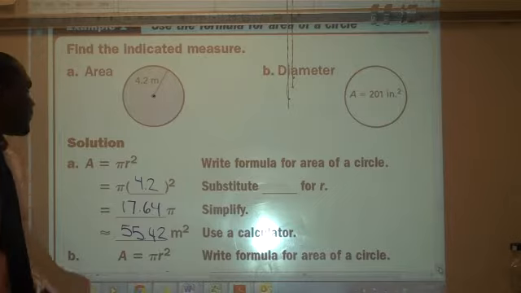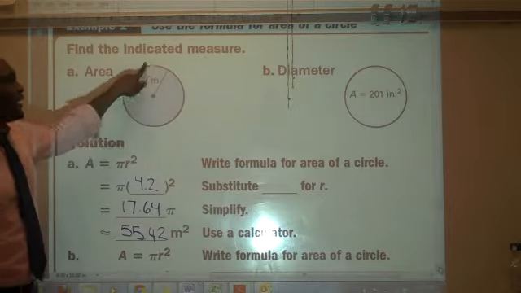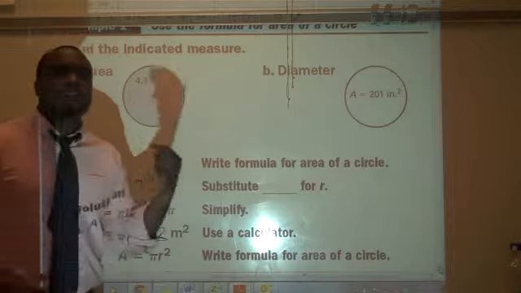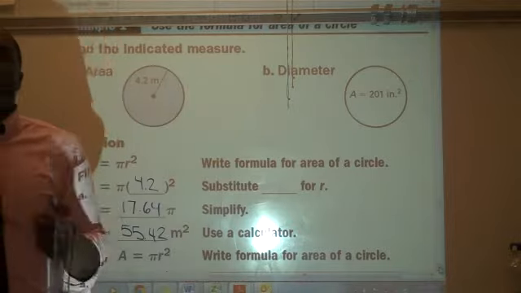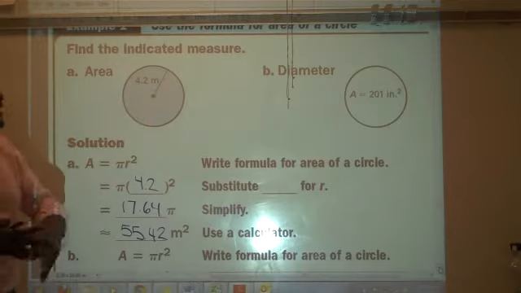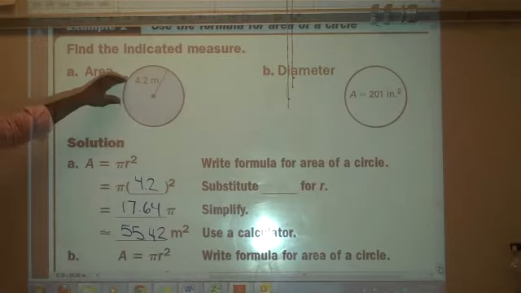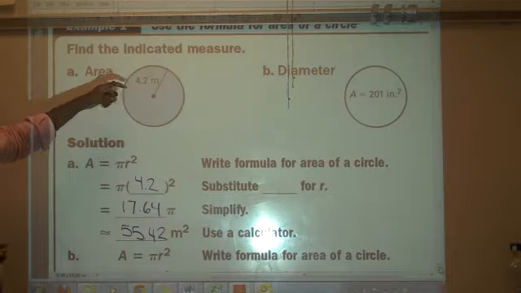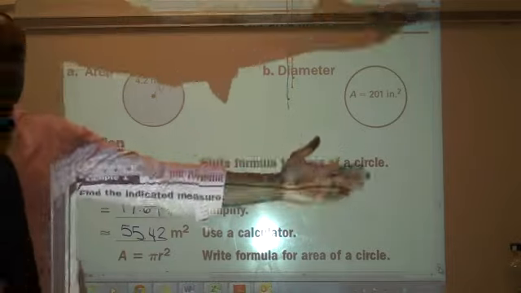Now, I'm going to briefly talk about units. The idea is this. We're no longer talking about a length. We're no longer talking about a distance from point A to point B, a straight line. We're talking about an amount of space that something covers, that something occupies. So, I can't just say this is 55.42 meters because that's a straight line distance.